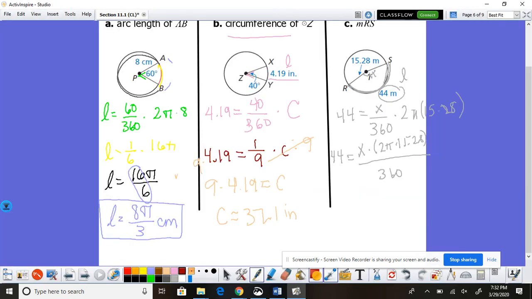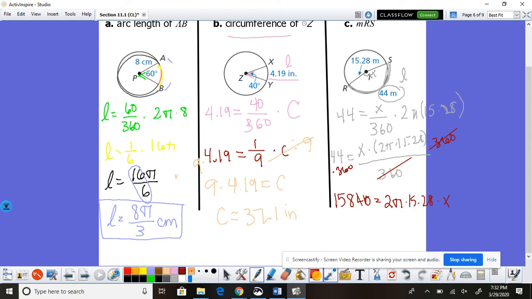Oh, come on, don't crash on me. So times 360 here, times 360 over here, those go away. So I got 15,840 equals 2 pi times 15.28 times X.